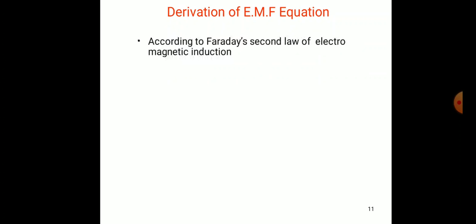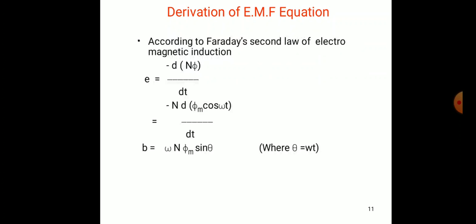Now, according to Faraday's second law of electromagnetic induction, e equals minus N d phi by dt. The phi you can write as phi m cos omega t. That gives e equals omega N phi m sin theta.